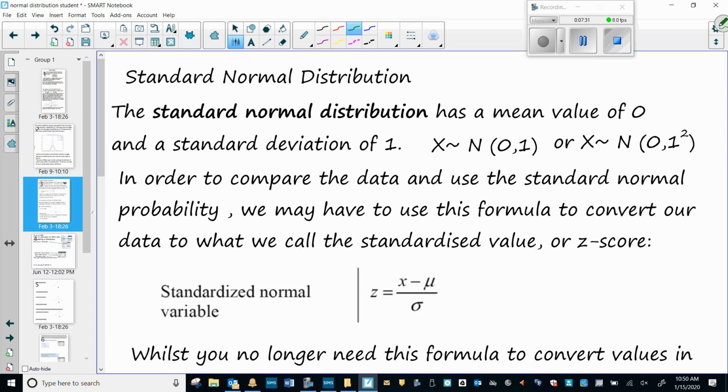What this does is, if this mean was 5 and this mean was 14.3, this standard deviation was 7, this standard deviation was 0.4, we want to be able to compare them, okay? And it's not so easy, as you can see, when we've got different values to do the graphs differently. So we find a standardized normal variable. So this is how we change it.